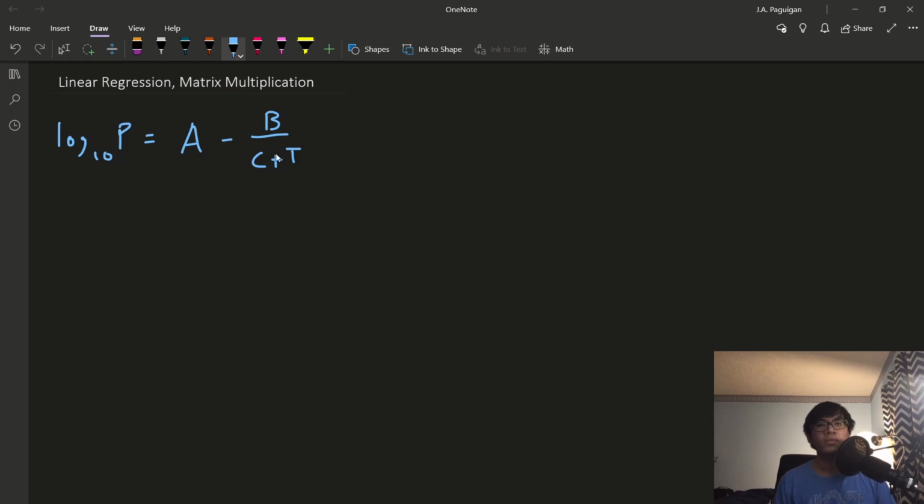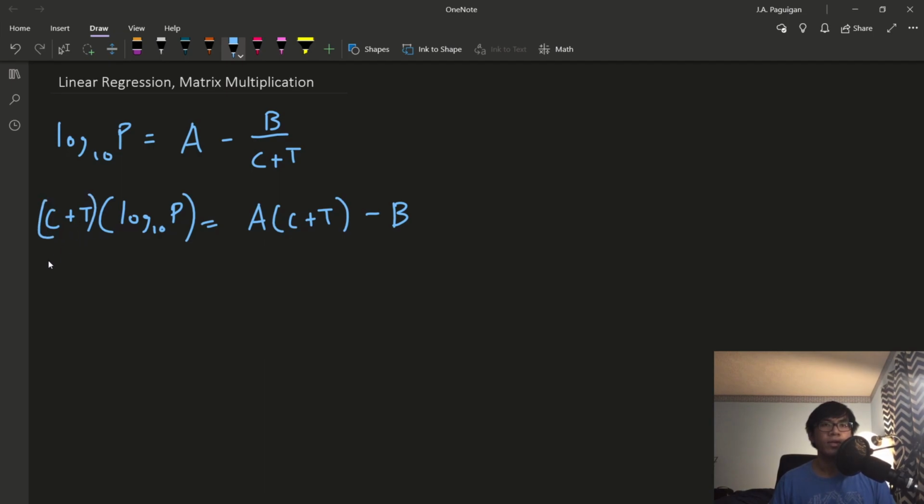Well, so we have C plus T as a common denominator, so I'm going to go ahead and just multiply that out. C plus T times log base 10 of P, and A times our C plus T, and we just have minus B. So our goal is going to be trying to isolate what we know from what we don't know. All right, so let's just keep on multiplying this out and see where we go.